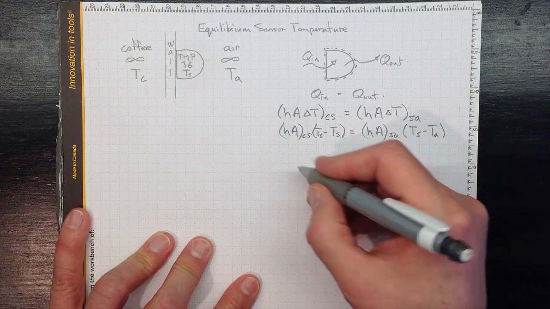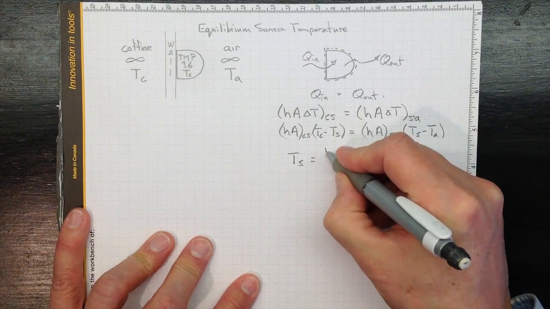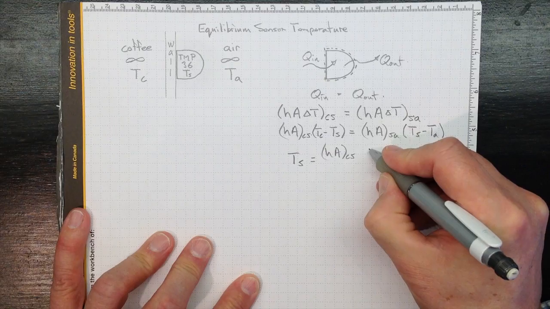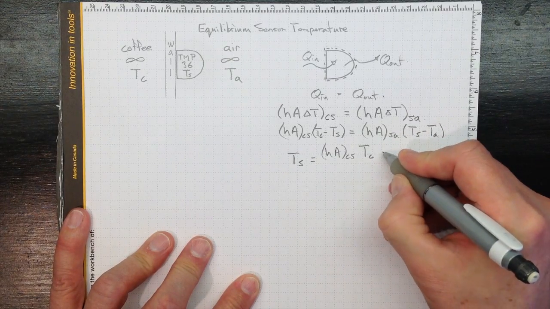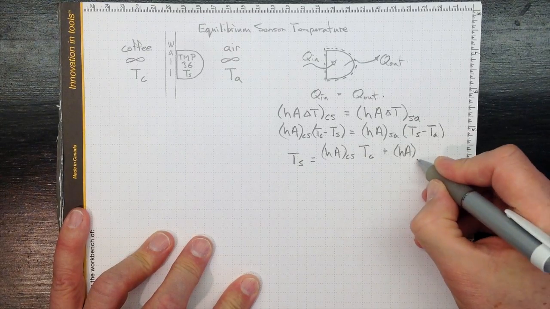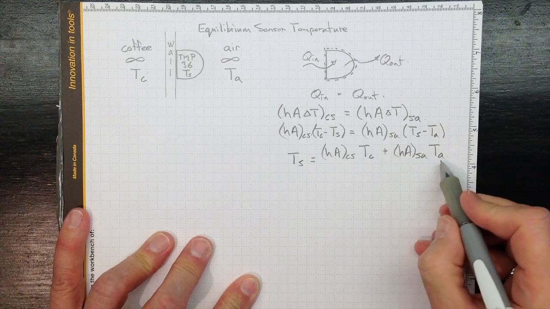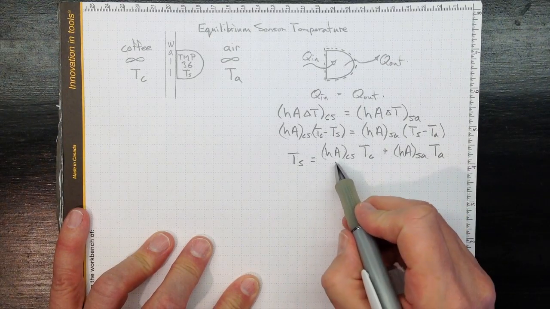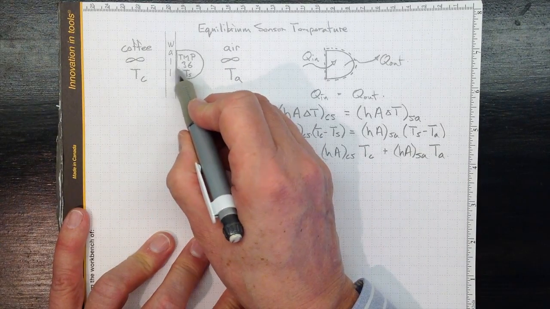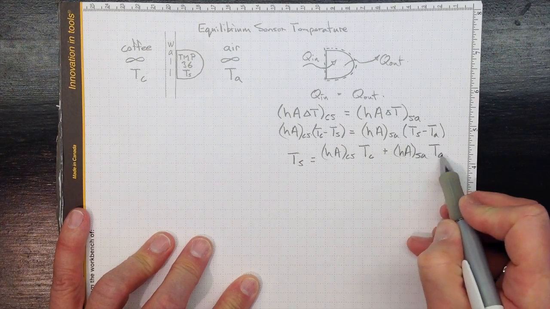And if we do the math, we can come up with an expression for T sensor equal to H A CS times T C, the coffee temperature, plus H A SA times T sub A, the air temperature. So this is weighted with the HA for the coffee to the sensor side. This is weighted with the HA for the sensor to the air side.